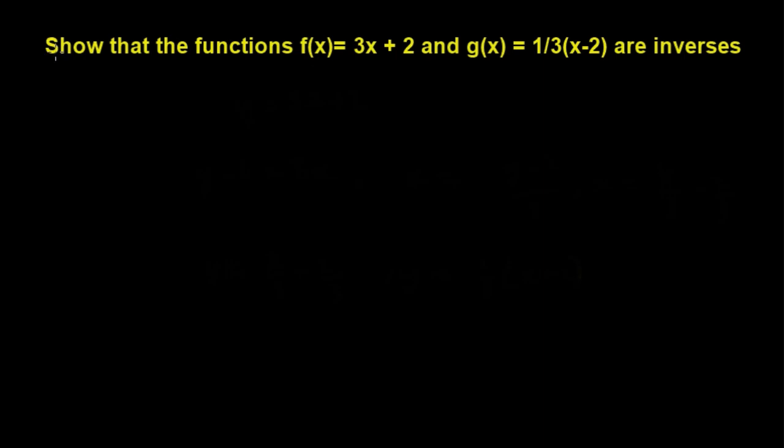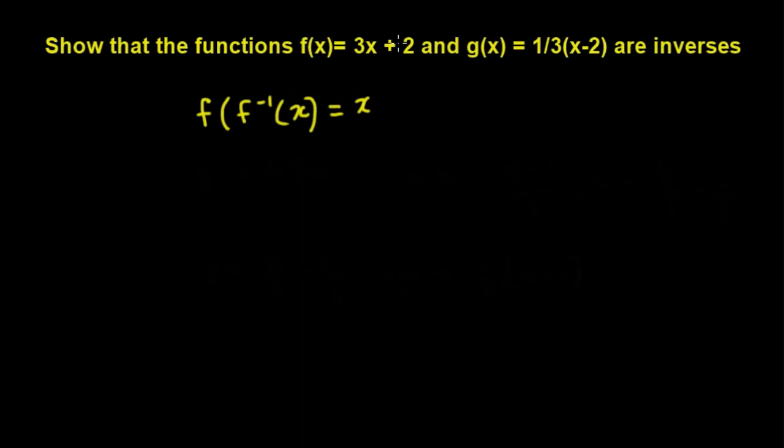So what do we know about inverse functions? Well, we know that if you had some function f of x and then you were to compose it with its inverse, f inverse x, then you just get a value of x. But above here we've got f of x and g of x. But that doesn't matter.